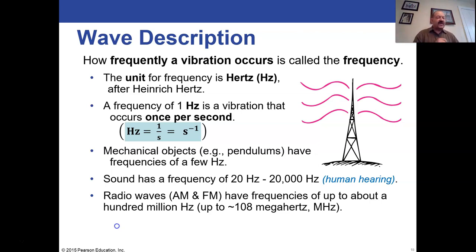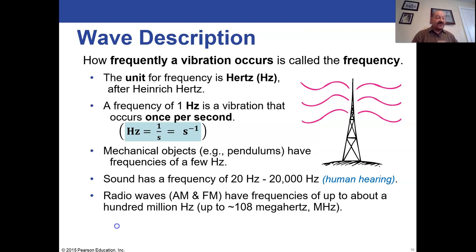Now, this sounds like a gargantuan number. In fact, if you look on your FM dial of a radio, if you have it in the car, you'll see the top numbers typically 107, 108. This refers to 108 megahertz, 108 million hertz. That's 108 million vibrations in a second. And that sounds like a really large number. But for electromagnetic waves, this is actually some of the lowest numbers.